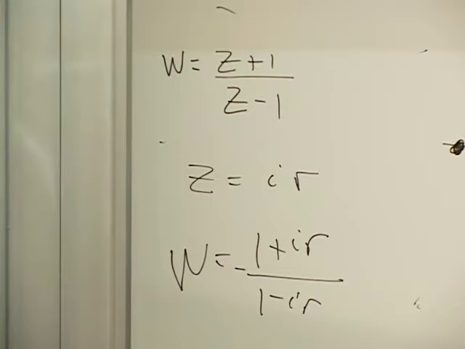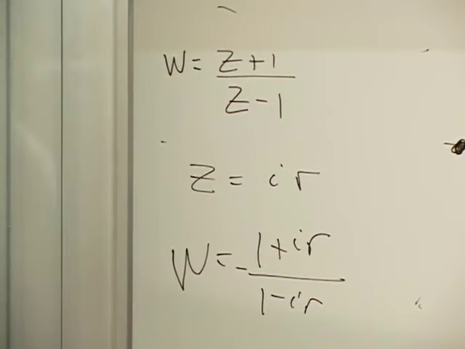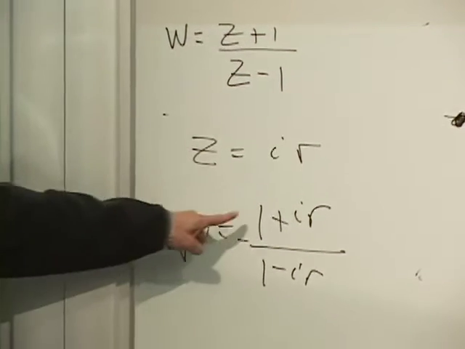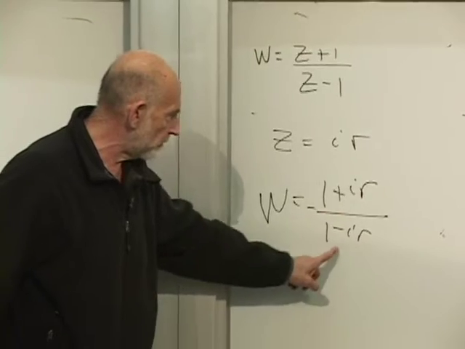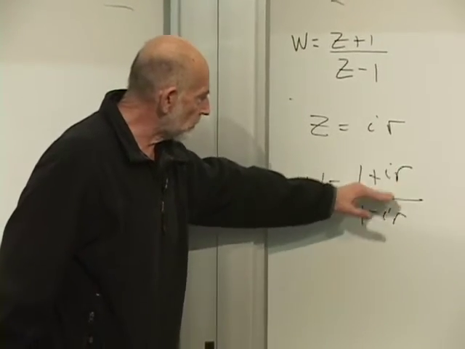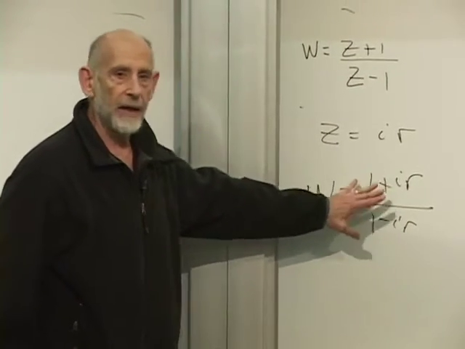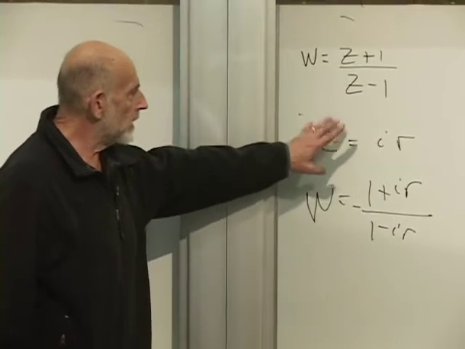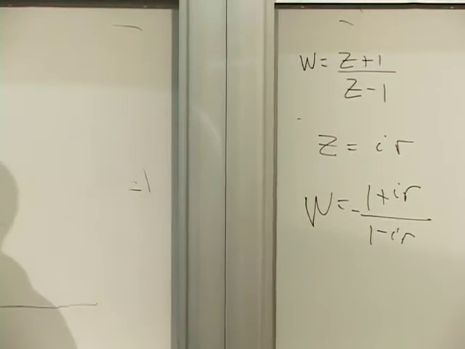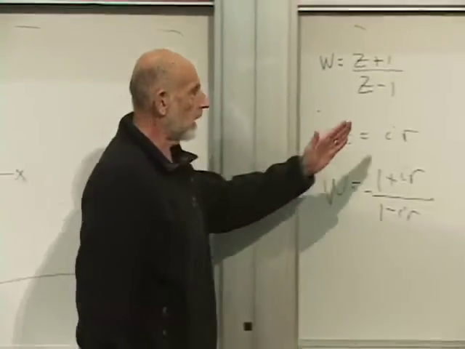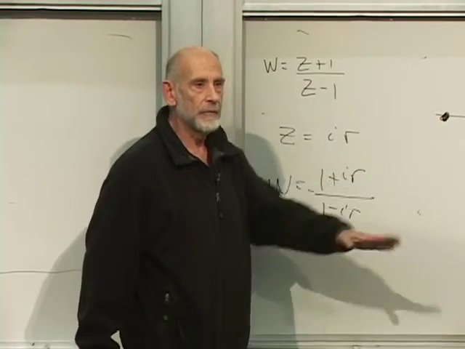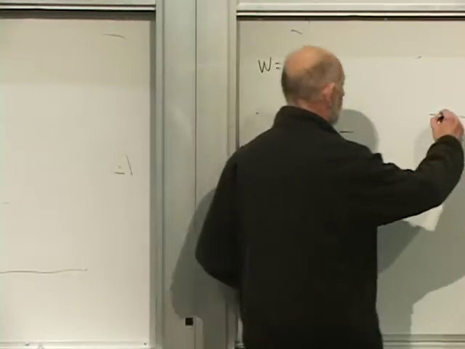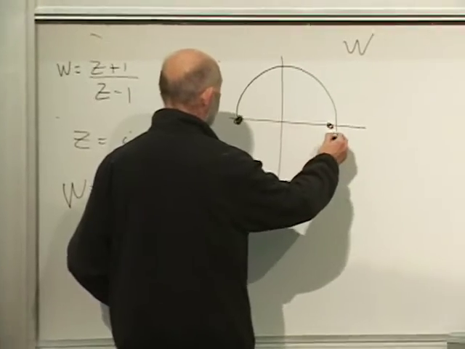Anything special about that? Magnitude 1, right? The sums of the squares of the real and imaginary parts are the same, so the ratio of these two has magnitude 1. So where is this upper half line here? It lies on the unit circle because it has magnitude 1.